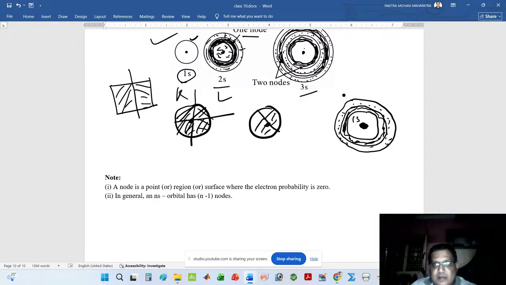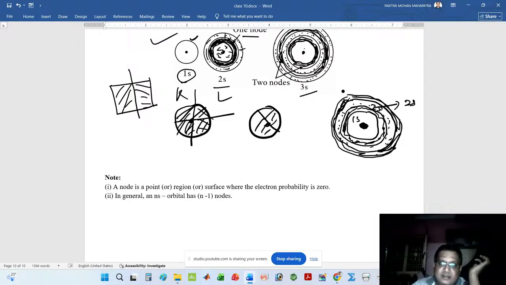Next, there is a separation region in which the electron will not be found. I will write 2s in small size. Next, this is the region where you cannot find any electron. This is also a node. Then this is your 3s. Here the 3s electron will be found.